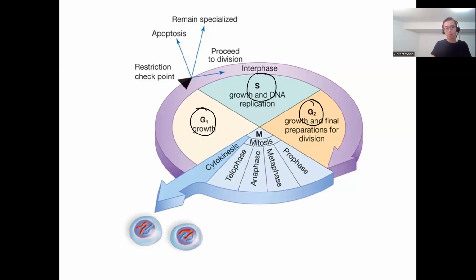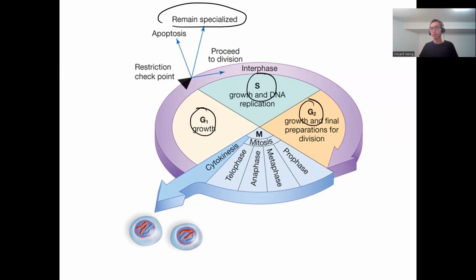And if it's not possible to repair the DNA, if the DNA is too damaged, then the cell might be destroyed, apoptosis. Or sometimes the DNA is good, but we don't have enough resources to divide, or the telomeres are too short, then the cell will just stay the way it is, remain specialized, and not follow through with the division.